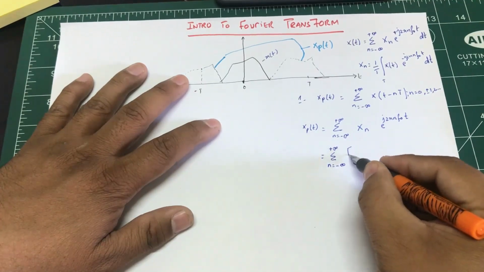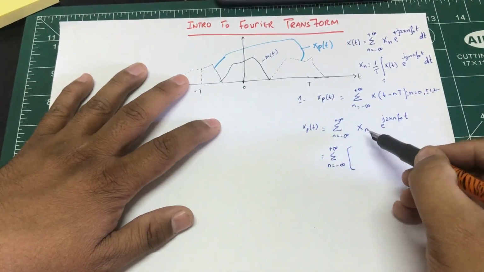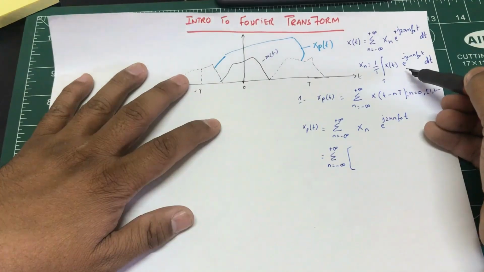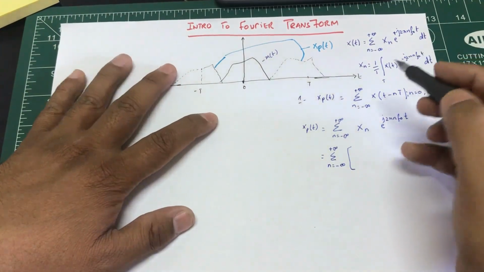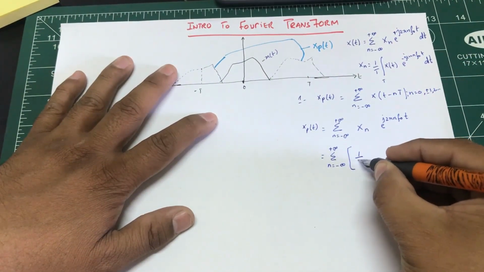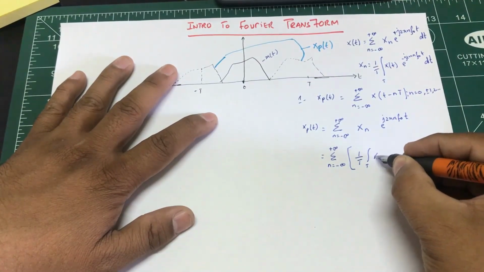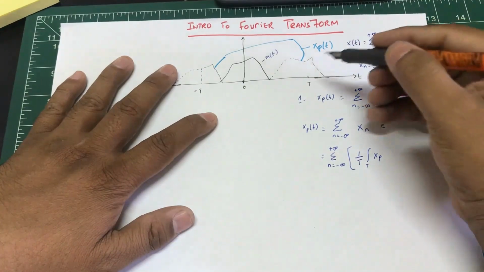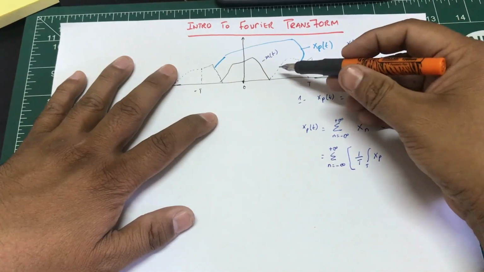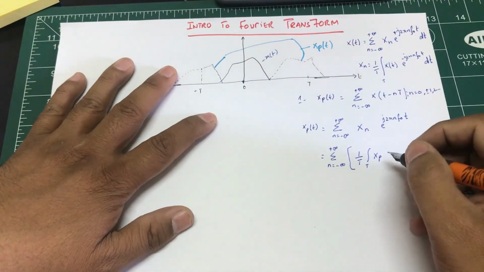I'm going to put a bracket inside of it, and in place of x of n, I'm going to put this definition. So in place of xn, this is going to be 1 over T times the integral of x, what is my signal? We're actually looking at a periodic extension of this original signal, which is xp of t.